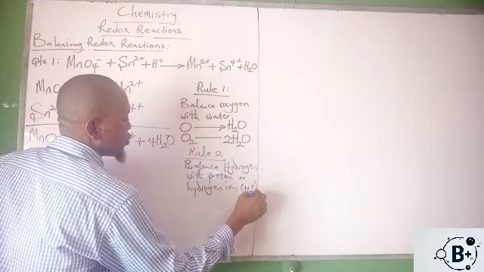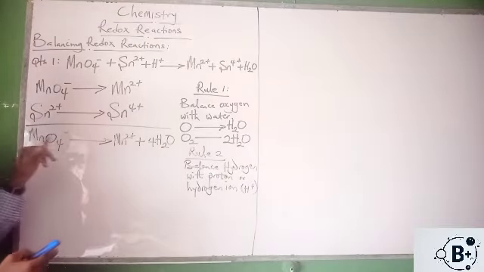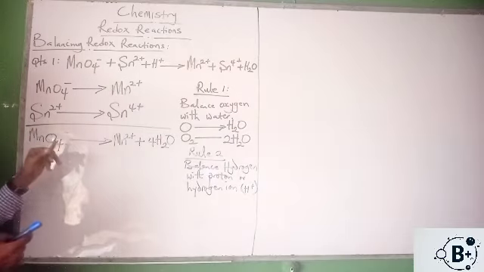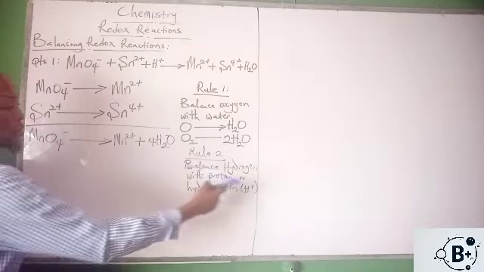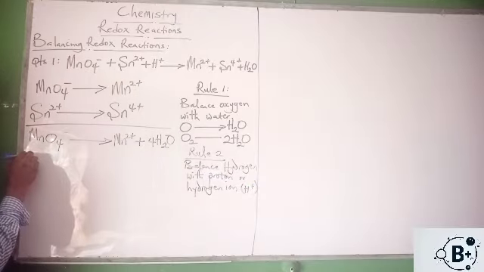So we are balancing hydrogen with hydrogen ion. We have 8 hydrogen on this side, so on this side we must introduce hydrogen ion. How many are we introducing? We are going to introduce 8 of it.